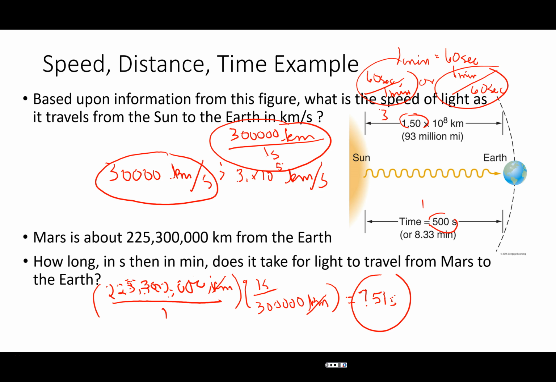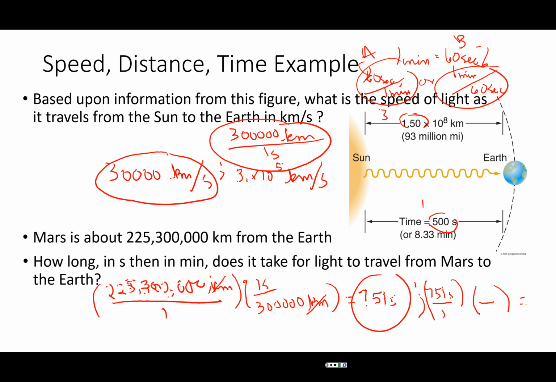So let's work that second problem. And I'm going to go ahead and put a semicolon, and I'm going to put 751 S for seconds over 1. Now, which of these two up here, I'll call this one A, and I'll call this flipped version B. So which of these, A or B, can I go ahead and put here so that seconds cancel and I'm left with minutes? She says B. Do you guys agree?